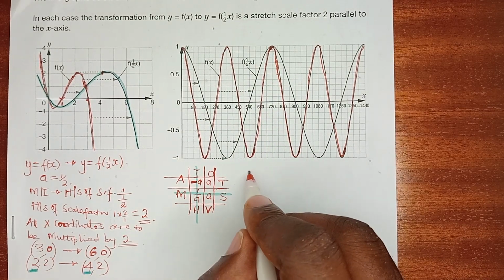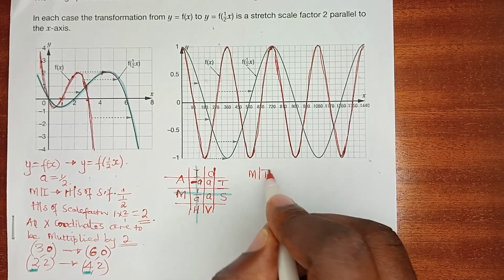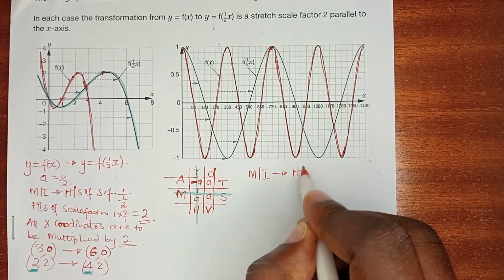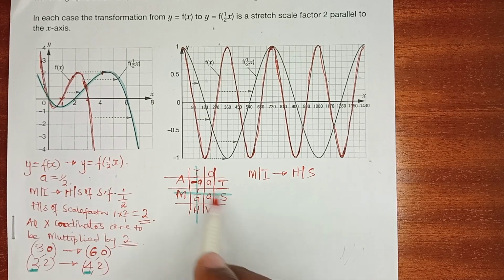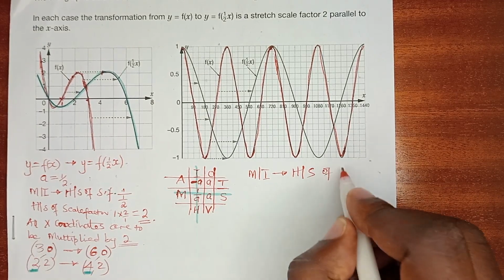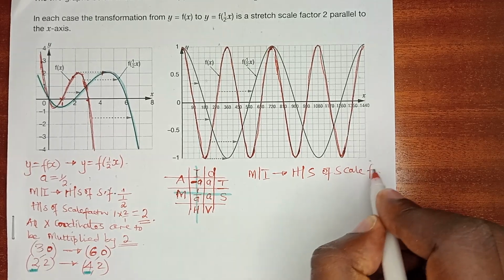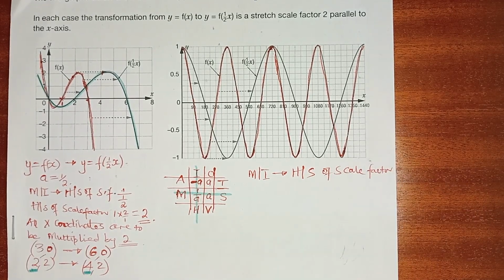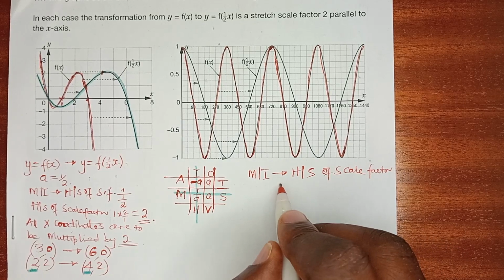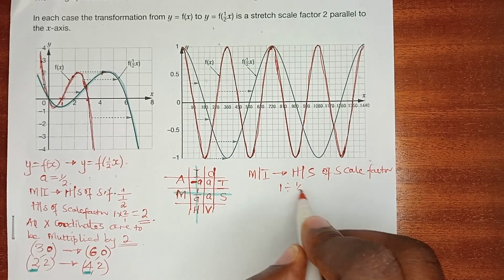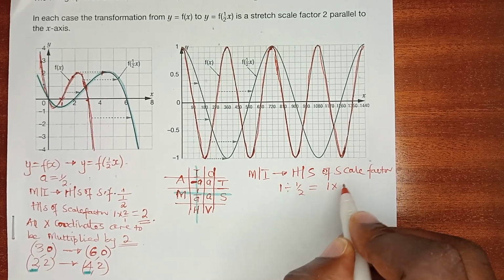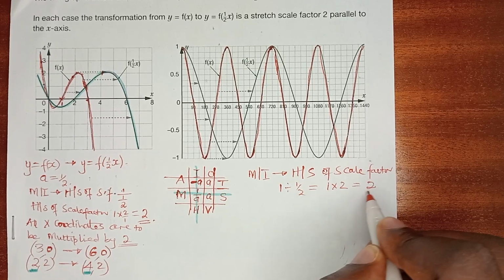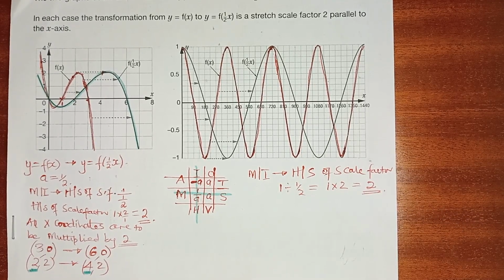Again, we are still talking about the same thing, multiplication inside, which is horizontal stretch of scale factor 1 over a half, which is 1 divided by a half, which is 1 times 2, which is 2, scale factor 2. All x values again multiplied by 2.